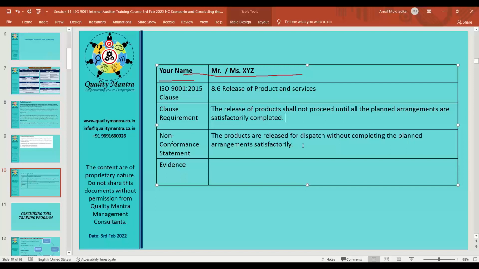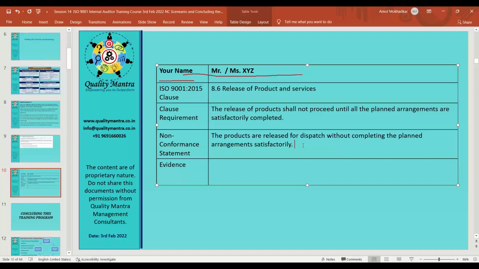अब जैसे मैंने आपको बताया था, in the non-conformance statement, you don't have to mention the evidences. Normally you people are making the mistake that you mention that okay, the quality manager has not released the product, or it is not traceable to the quality manager. No, you don't need to mention that here. Okay, simply keep it as per requirement.